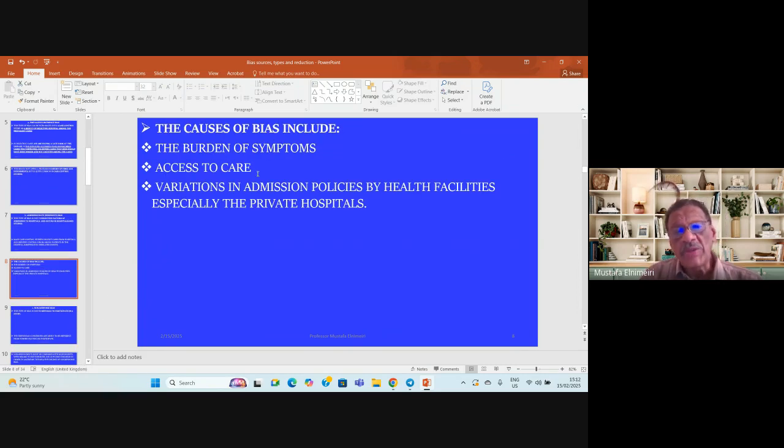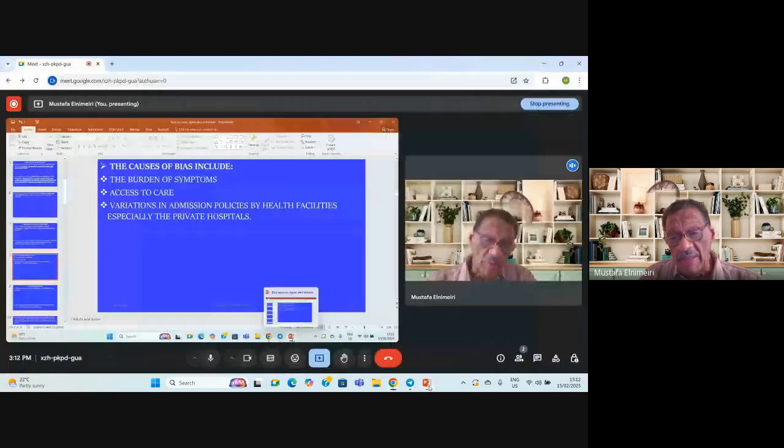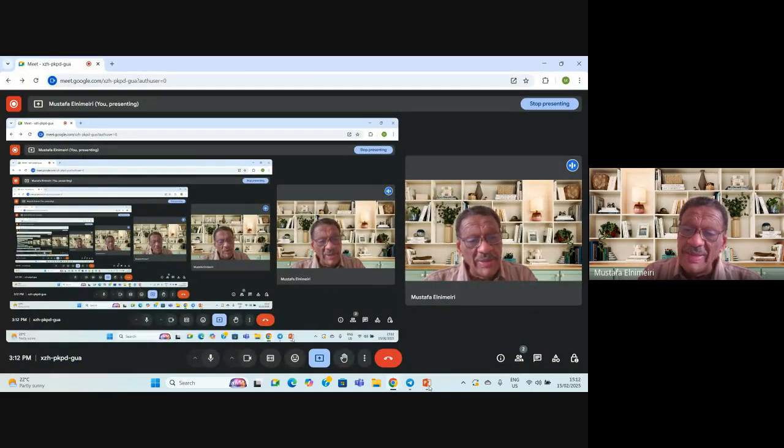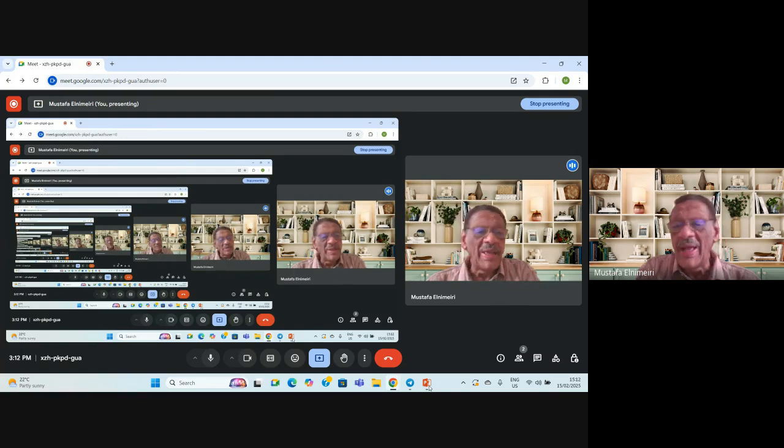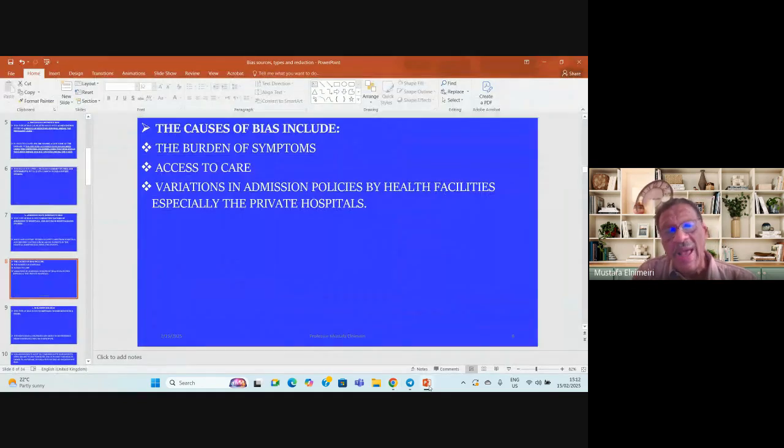So here the bias may be the burden of symptoms, that the cases are suffering from symptoms, so they are admitted, as well as access to care. Those who access the care will come to hospital, and this will lead to bias, that the cases and the controls we encountered are not representative of the parent population.